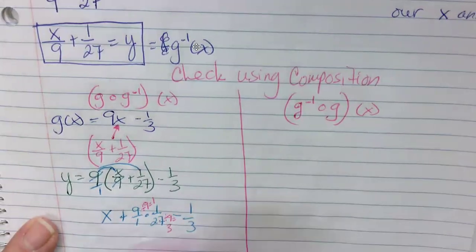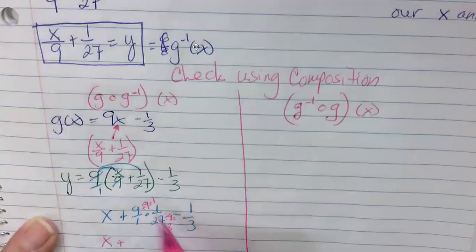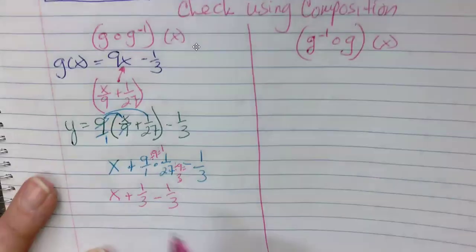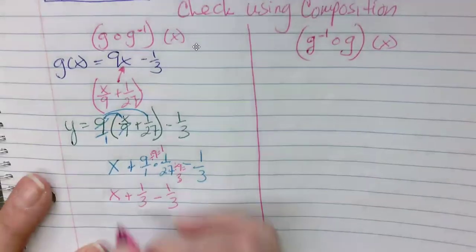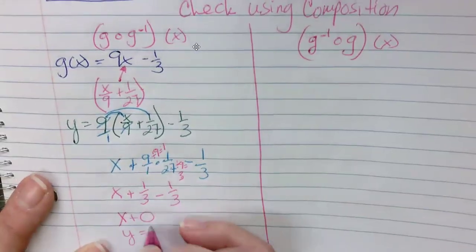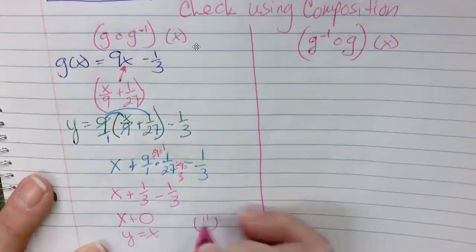So we're going to get x plus 1/3 minus 1/3. Plus 1/3 minus 1/3 is 0. So we get x plus 0, or we get y equals x, which is what we're going for.